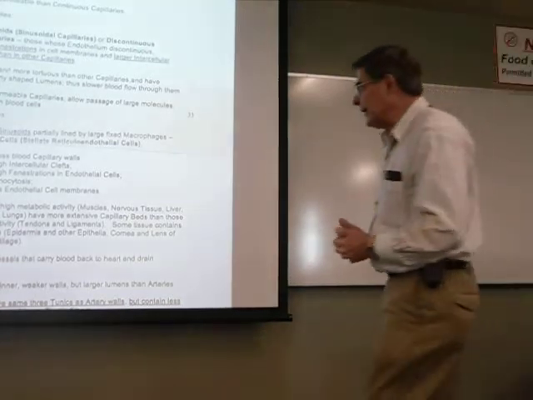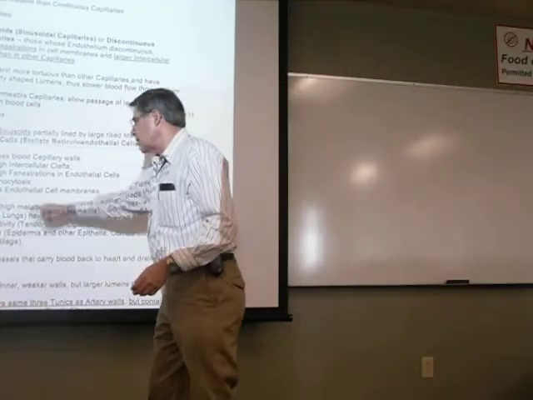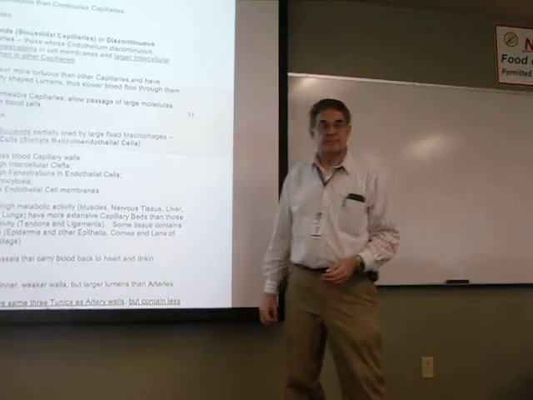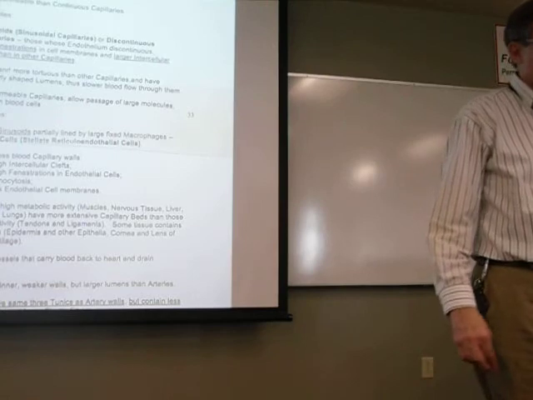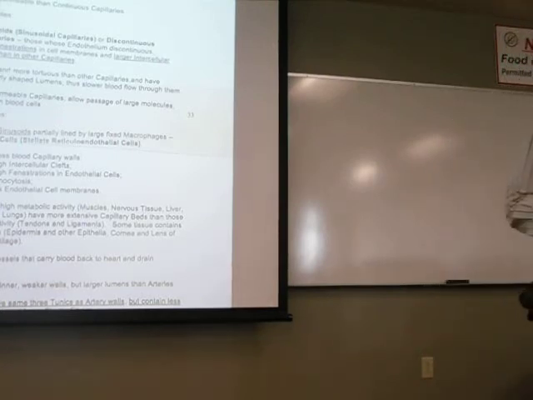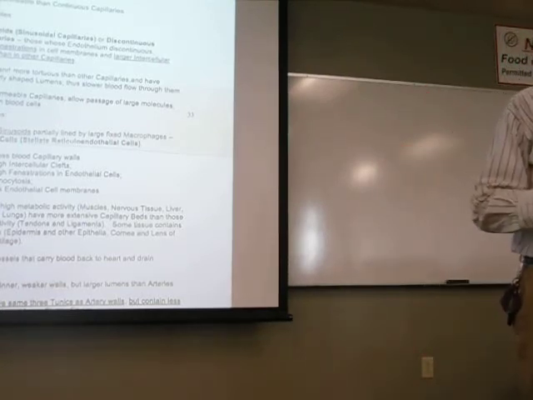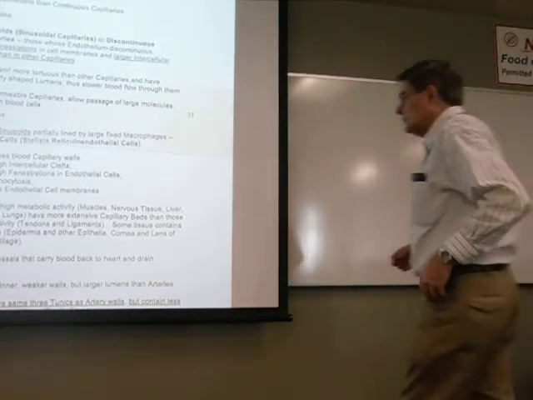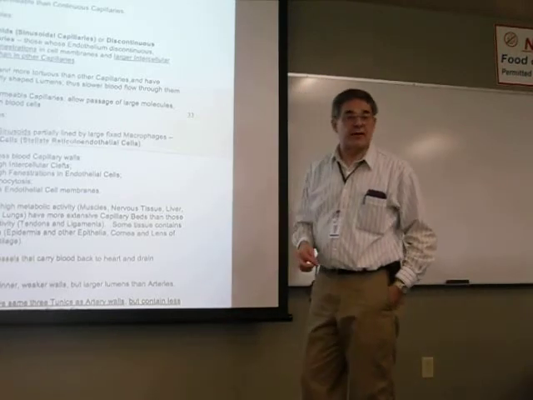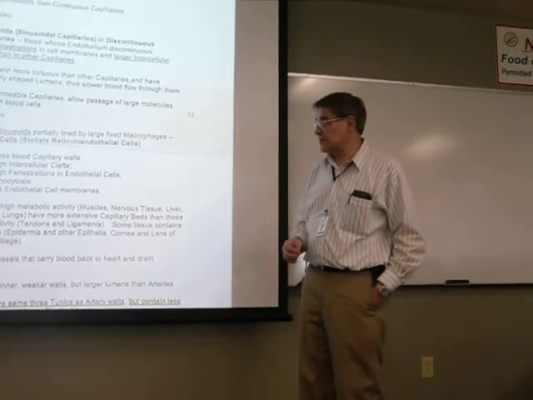It's called cell drinking. And then across the endothelial cell membranes. But all capillaries have a degree of porosity. It just varies in porosity or permeability. The least permeable are those in the brain. The most permeable are those we see in the liver, the spleen, and some of the endocrine organs, which are the sinusoidal, or discontinuous, capillaries.